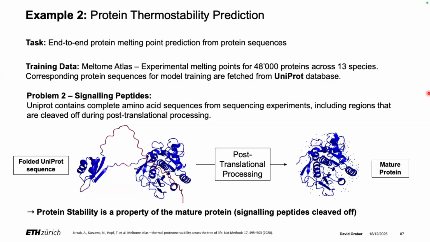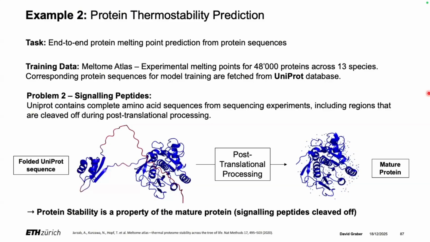And then what some models did is they took the IDs in this dataset and fetched the corresponding sequences from the UniProt database. And the problem here is that UniProt contains complete amino acid sequences as they come from genetic sequencing experiments. So they also include regions that are cleaved off during post-translational processing.